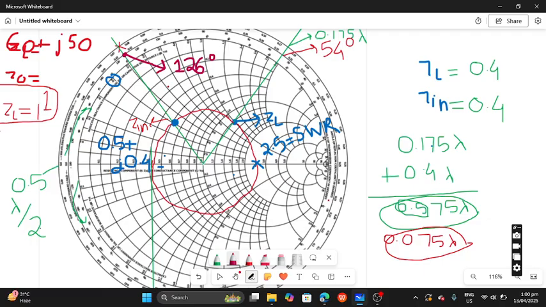Now you have to locate L max and L min. I will erase this part.